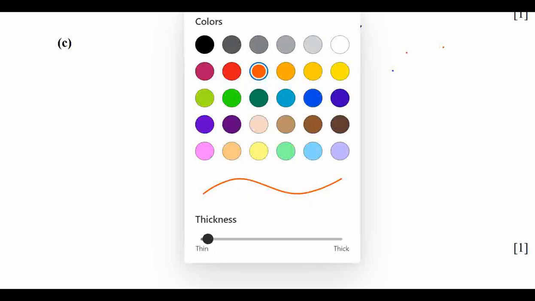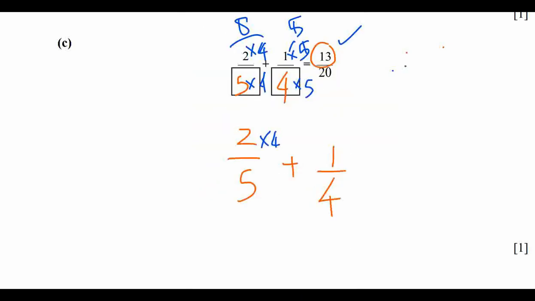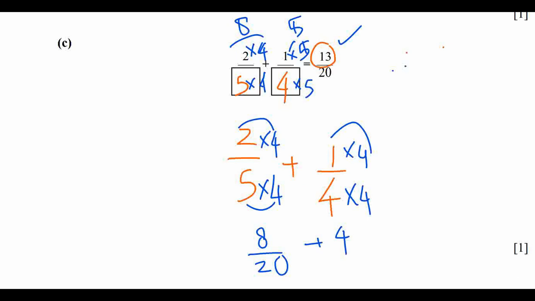So when we times with 4 and 5, we will get 2 times 4 is 8 over 20, plus 1 times 5 is 5 over 20, because 5 times 4 is 20 and 4 times 5 is 20. Then we will get 13 over 20. So that will be our answer.